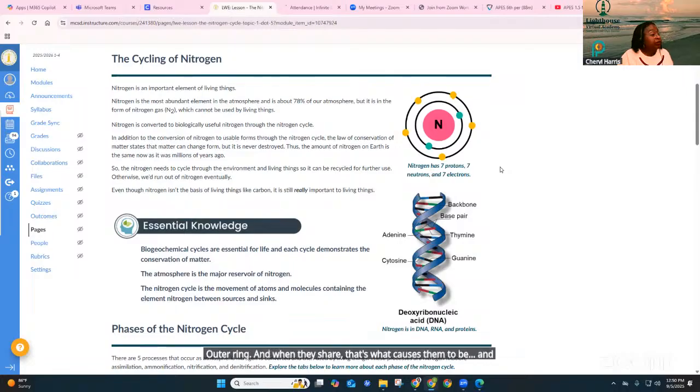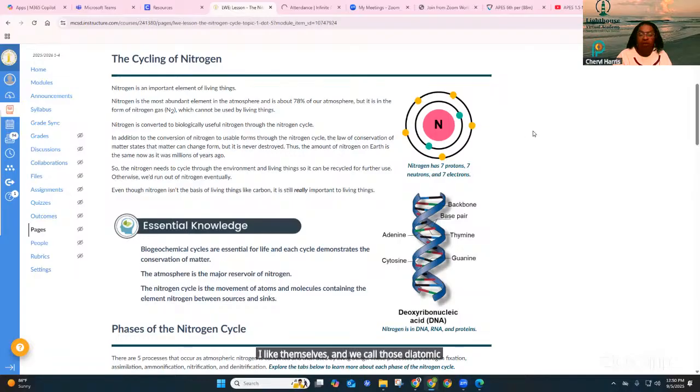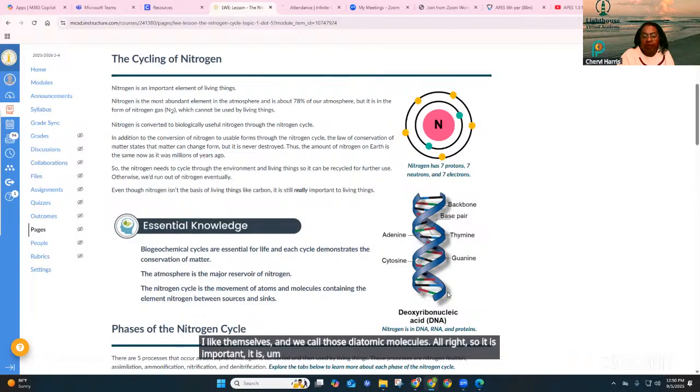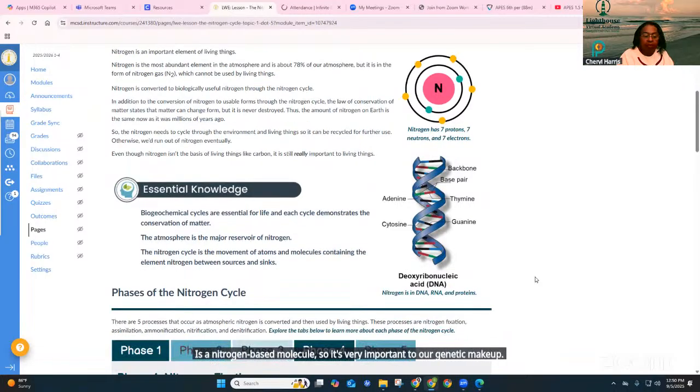And the same thing with oxygen. We always talk about O2, N2. Most gases, H2, they don't exist by themselves. They share with another molecule like themselves, and we call those diatomic molecules. All right, so it is important. DNA is a nitrogen-based molecule, so it's very important to our genetic makeup.